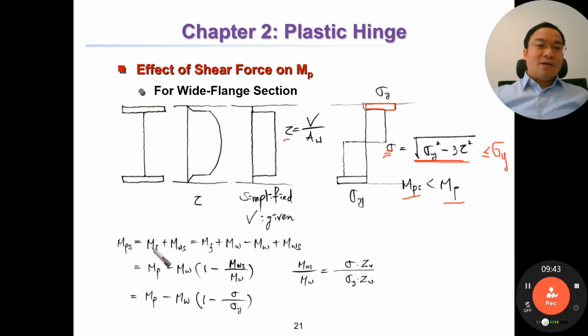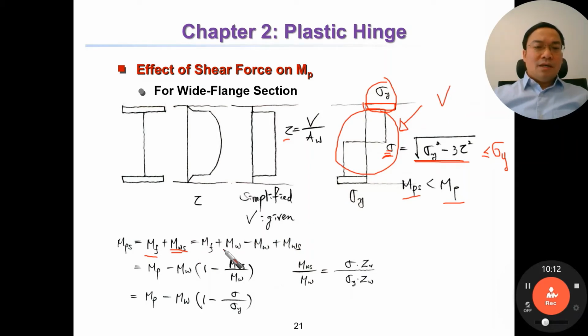MPS equal to MF plus MWS. What is MF? MF is the moment due to the flange. And MWS is the moment due to the web, in this case with the effect of the shear.